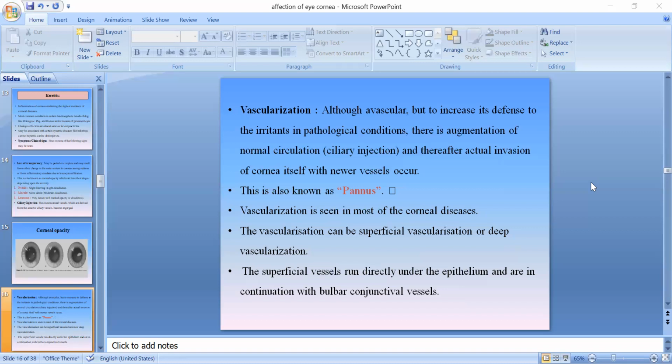The vascularization can be superficial or deep, right? The superficial vessels run directly under the epithelium and are continuous with the bulbar conjunctival vessels.